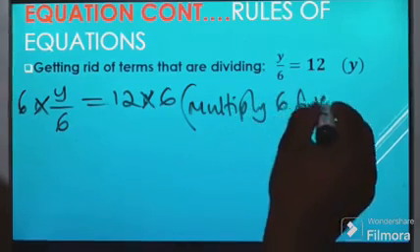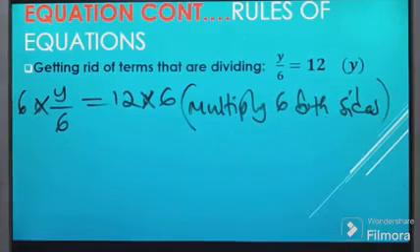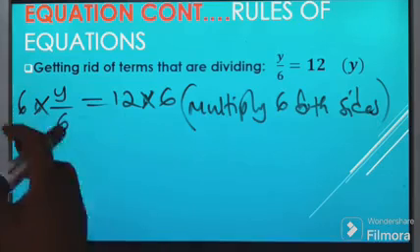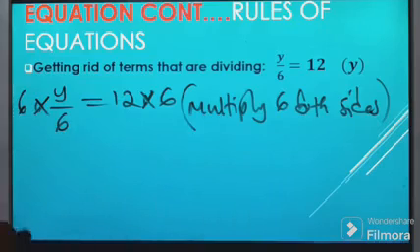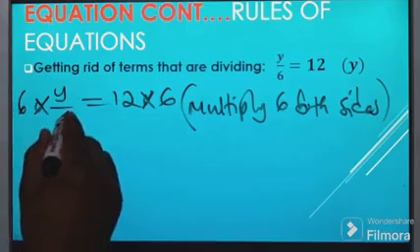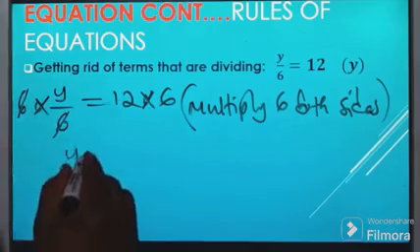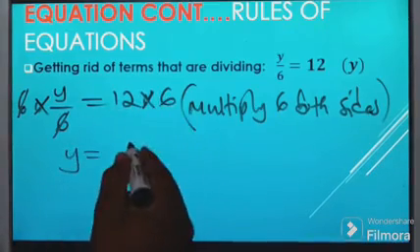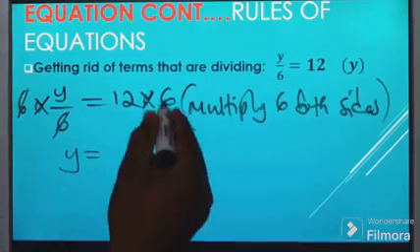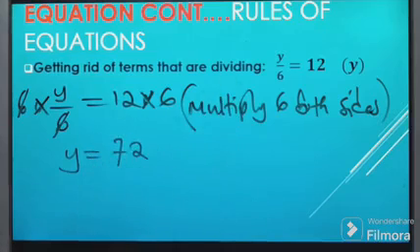Do not forget, the number one rule is always do the same thing on the left hand side and the right hand side. So 6 into 6 cancels each other, and we have got y on the left, and 12 multiplied by 6: 6 multiplied by 2 is 12, 6 multiplied by 1 is 6, plus 1, we have got 7.